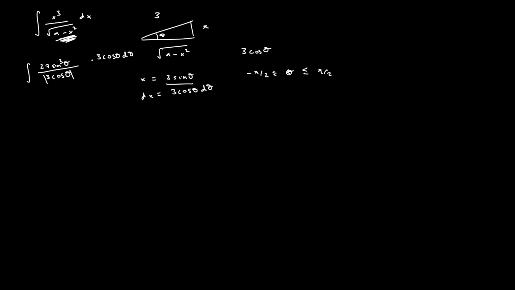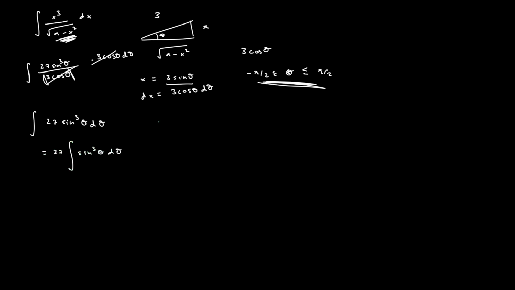But in this domain, cosine theta is always positive, so we can just treat it without the absolute values, and that just helps cancel these out. So we end up with 27 times sine cubed theta d theta. Let's remove the constant, so it's the integral of 27 sine cubed theta d theta.